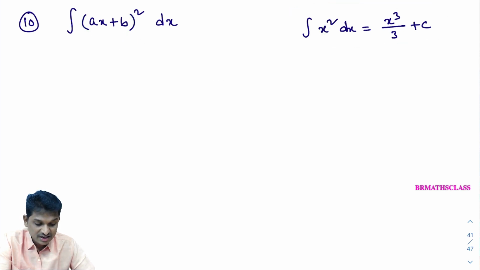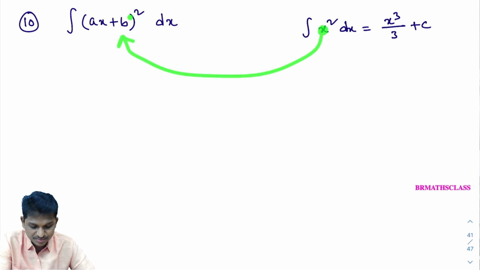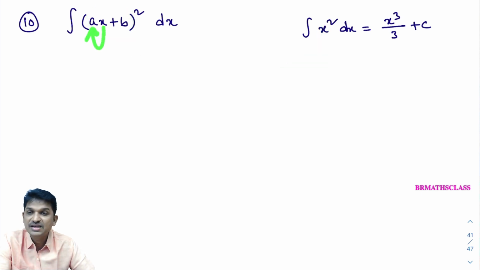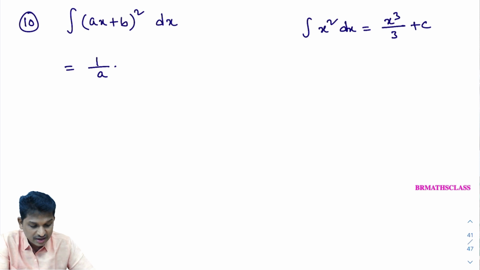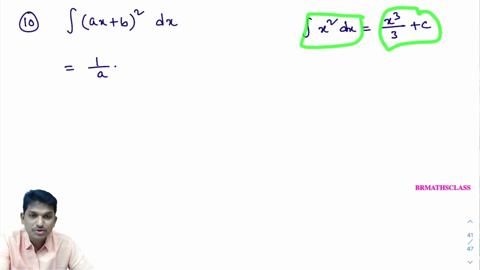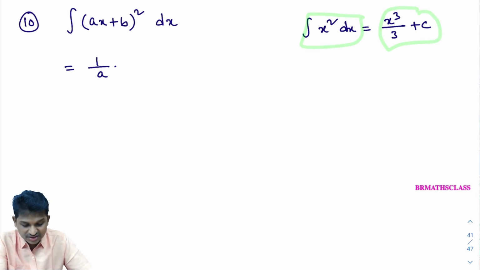So with the help of this, I can do this easily. Here in place of x, ax plus b is present. So in this model, its answer starts with 1 by x coefficient. What is x coefficient here? x coefficient is a. So its answer starts with 1 by a into, look here, integral of x square dx is x cube divided by 3 plus c. So what this will become?